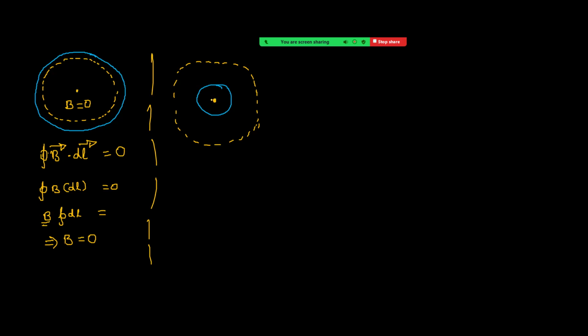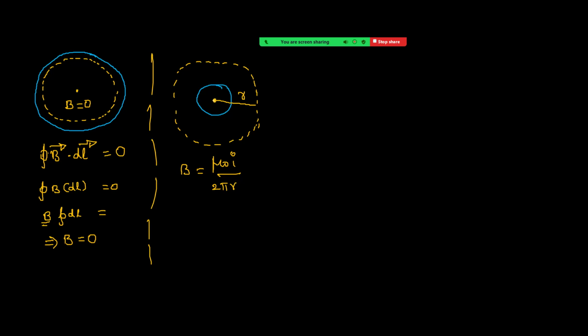Then at distance r, the field is mu naught I by 2 pi r. Comparing with Gauss law: inside 0, outside the same as due to a point charge; here it is the same as due to a thin infinitely long wire.